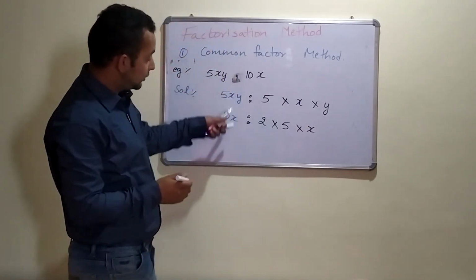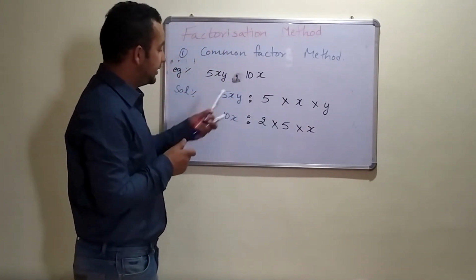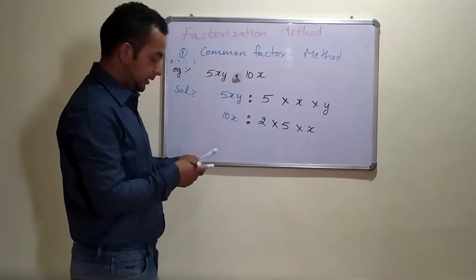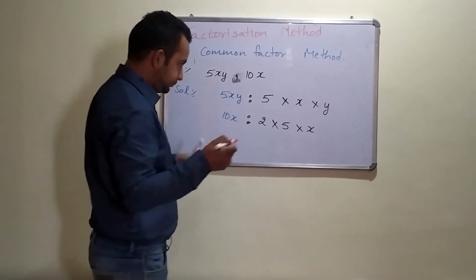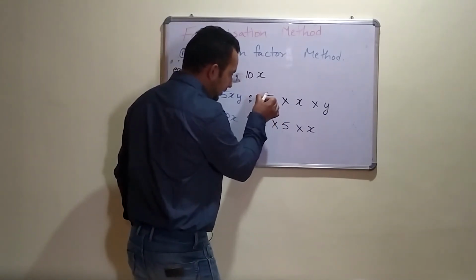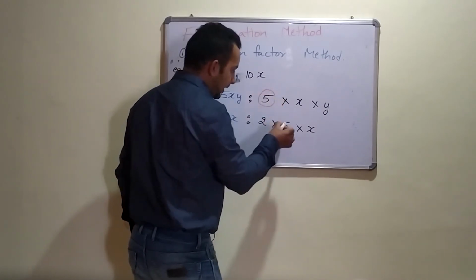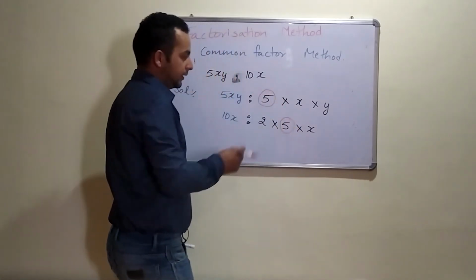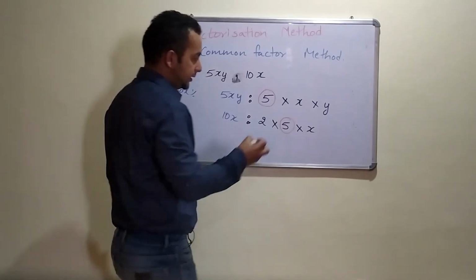Now we are going to find out the common factors between these two algebraic expressions. Okay class, here 5 and here 5, these two are common, right?